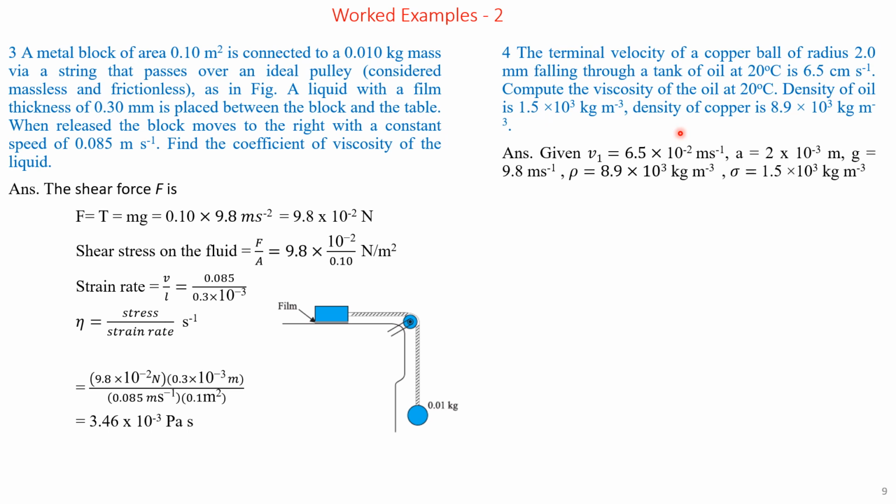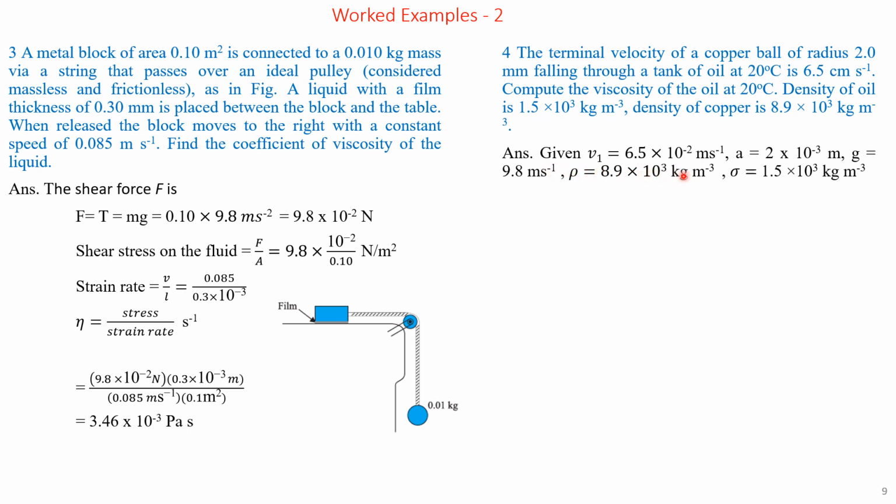Given Vt is equal to 6.5 into 10 to the power of minus 2 meters per second. Radius R is equal to 2 into 10 to the power of minus 3 meters. g is equal to 9.8 meters per second square. Rho is equal to 8.9 into 10 to the power of 3 kg per meter cube.